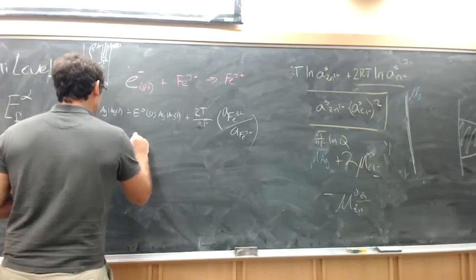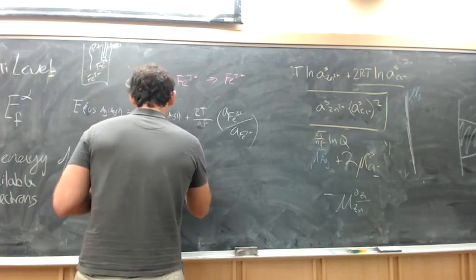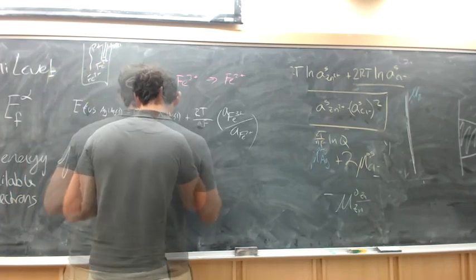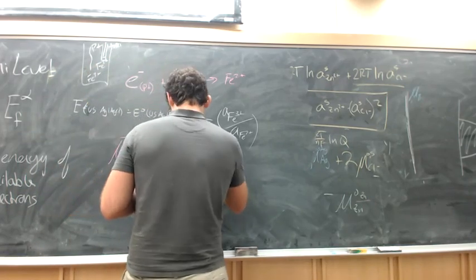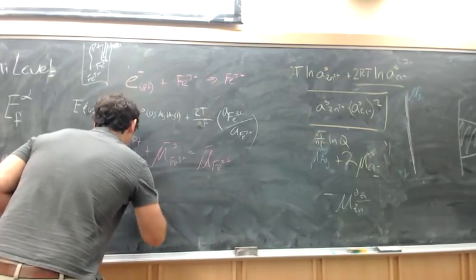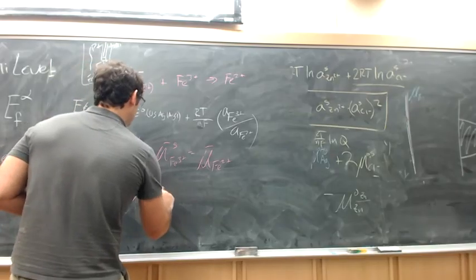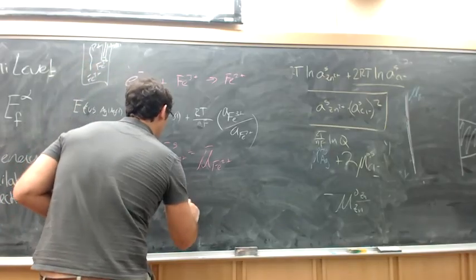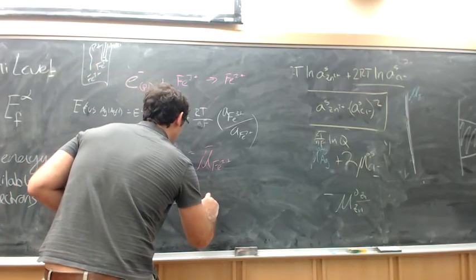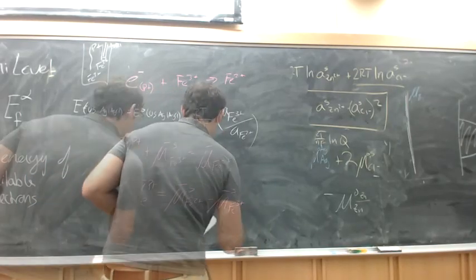Mu bar of an electron in platinum plus mu bar Fe3+ equals mu bar Fe2+. So mu bar of the electron in platinum equals mu bar Fe2+ minus mu bar Fe3+. And that's what you measure.